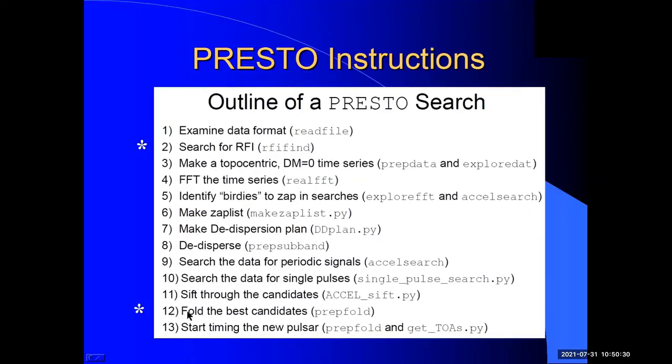And number 12 is prepfold, which we use to fold the data to recover in the best way the pulsar's pulse. Some of the more serious amateurs can use prepdata and some of the spectrum analysis techniques, but you really do need big, strong pulses for this.